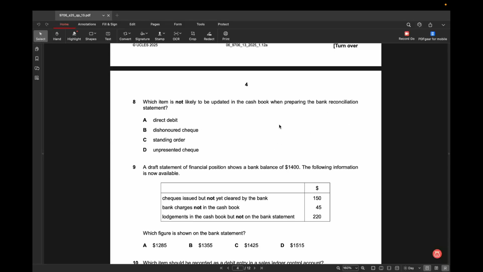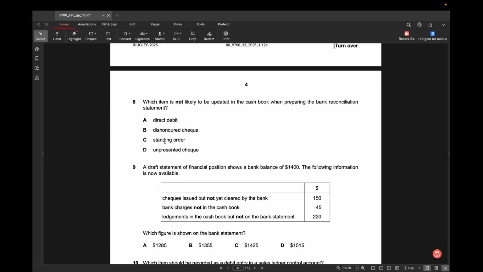I deposited a check in the bank, and then the bank would verify that check, and if the check verification fails, then the check is considered a dishonored check, or we also say the check bounced. Okay, so this amount would not be credited in my account, and that would be there in my bank statement. So I need to update that in the cash book.